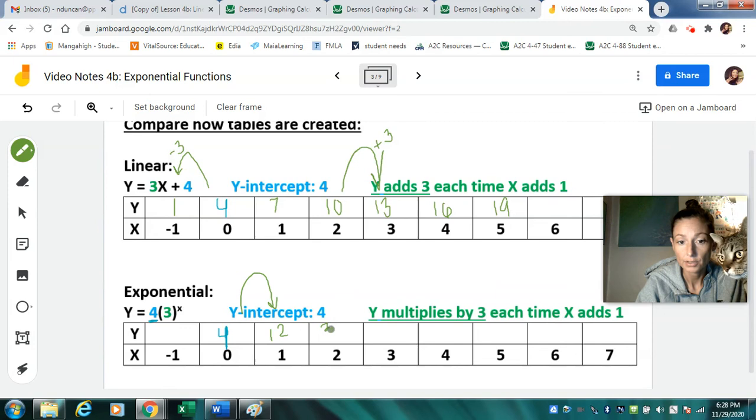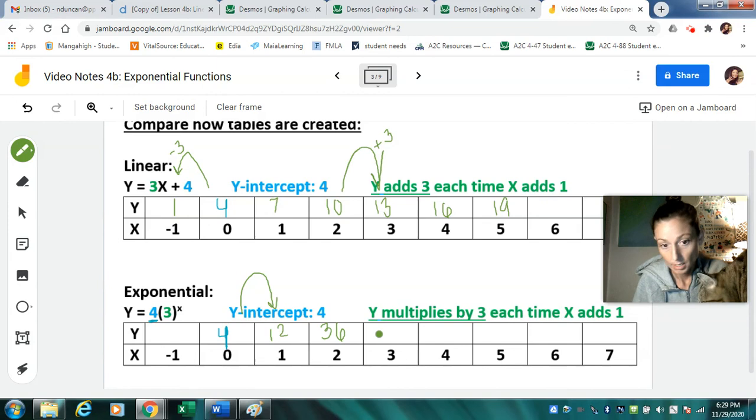Times 3 makes 36. Grab out my calculator here. 36 times 3, so you're always multiplying by that same number, is 108. Times 3 would be 324. Ooh, that's terrible. And so on.